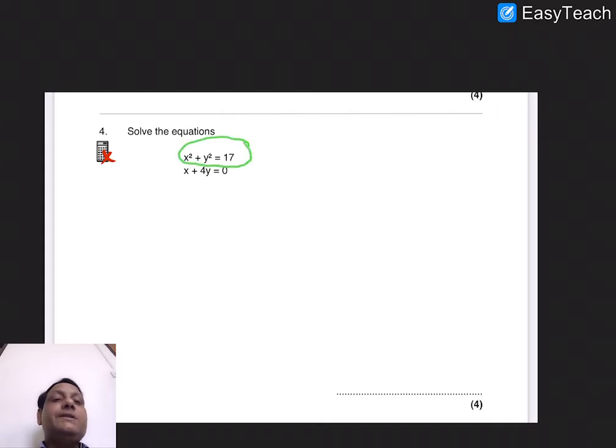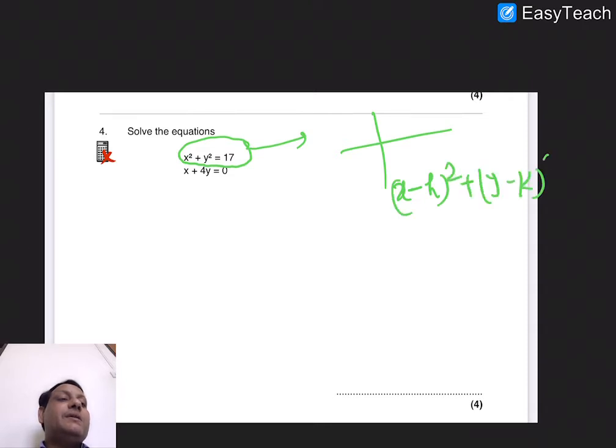Quadratic in a sense means this is a circle whose radius is root 17, because the standard formula of a circle is x minus h whole square plus y minus k whole square is equal to r square. Practically you have only x square plus y square is equal to 17.